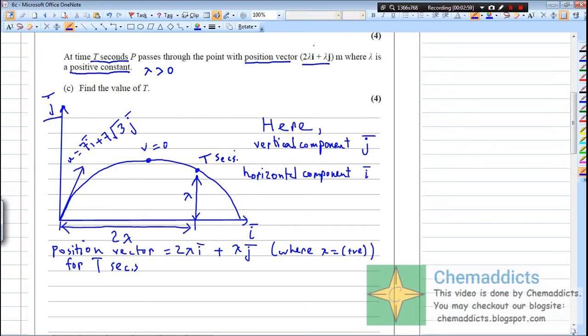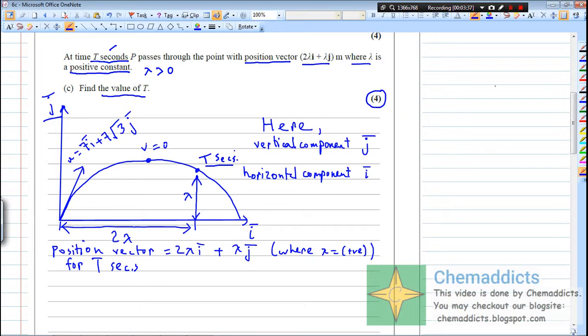So here we can see that there are two unknown values: t is unknown and lambda is also unknown. So we need to form simultaneous equations and solve them, and we will get two values. They have asked us to find the value of t. The total mark for this question is 4.